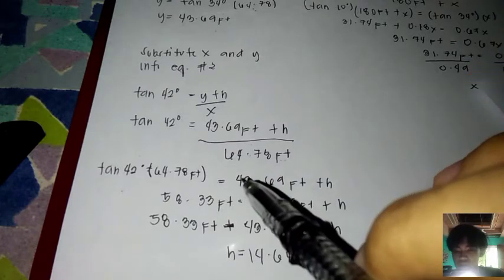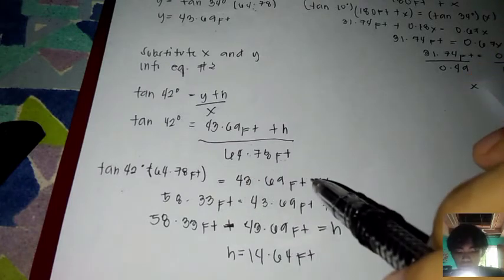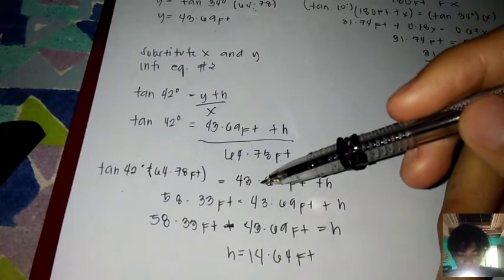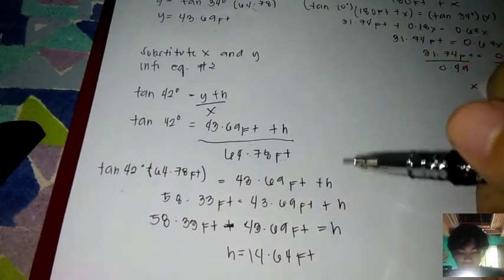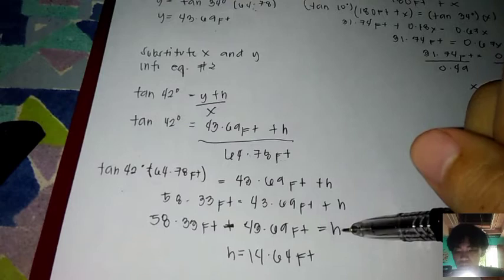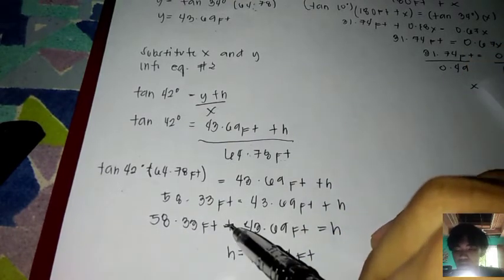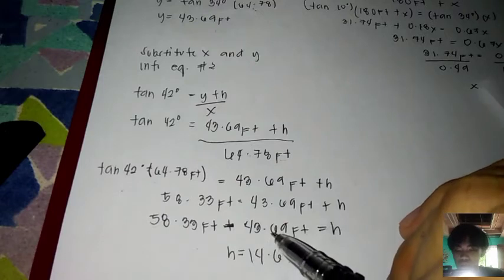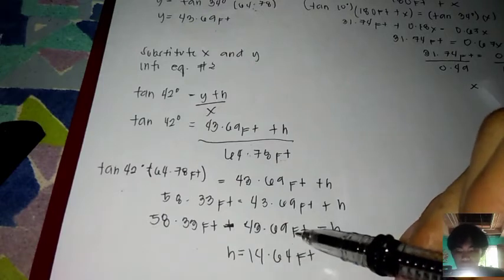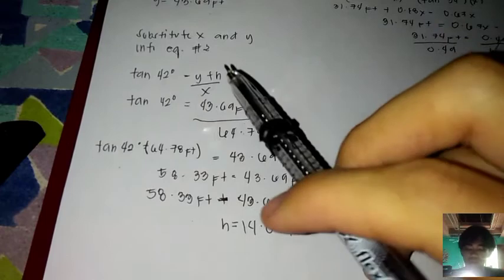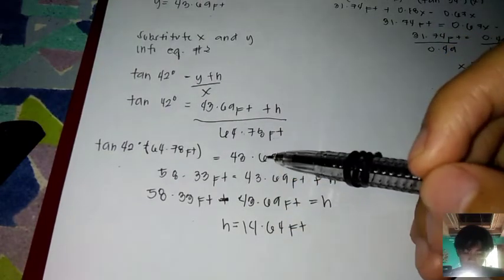Let's transpose the 43.69 feet to the other side and subtract it. Let's just copy the h and subtract 58.33 feet minus 43.69. So we have here the height is 14.64 feet.